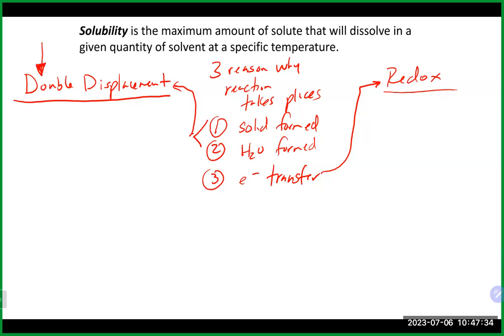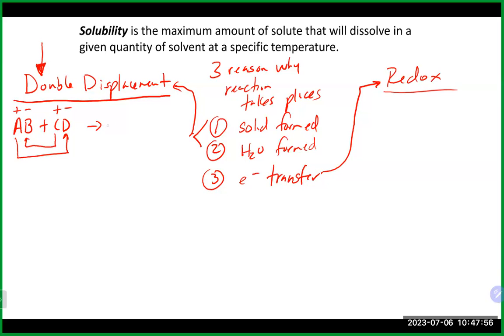But a double displacement reaction basically has this general formula of AB plus CD. And these are two ionic compounds. And whenever you have two ionic compounds that come together, the two positive guys will switch partners. So the positive guy of one will go to the negative guy of the next.